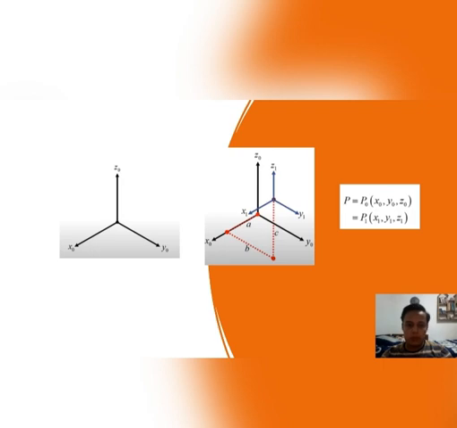We are going to try to find the relation to make the conversion of coordinates from system 0 to system 1, assuming that we have a fixed point. This point can be expressed both in the system 0 coordinates, which would be x0, y0, and z0, and P1 which would be x1, y1, and z1.